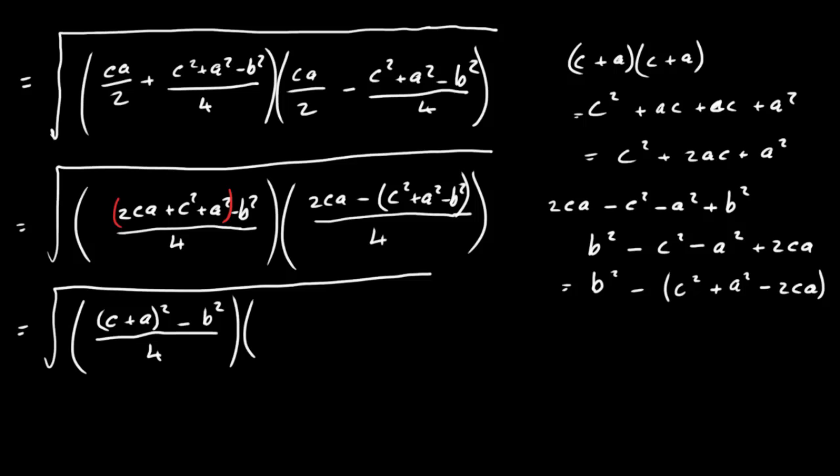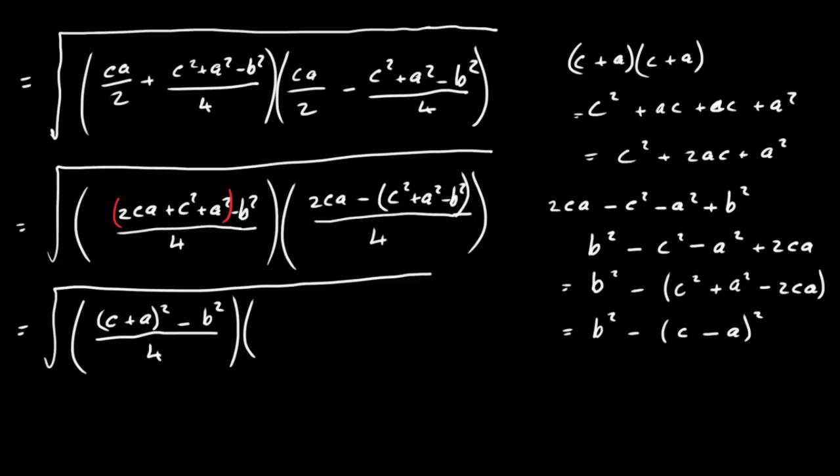You can see here that this will just become B squared minus, again, as we did up here, it's the same with these three terms here. What we end up with is just simply C minus A all squared. So all of this numerator will just convert to B squared minus bracket C minus A all squared.